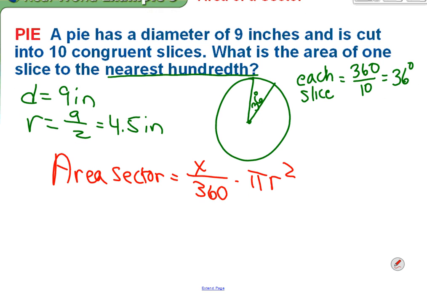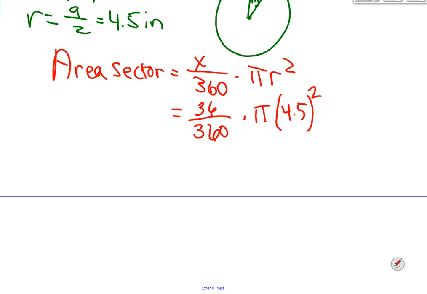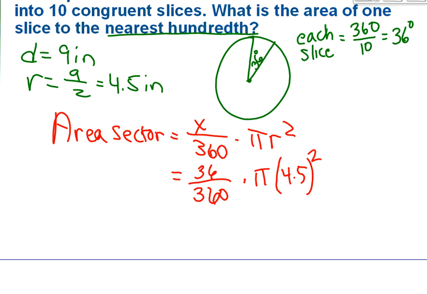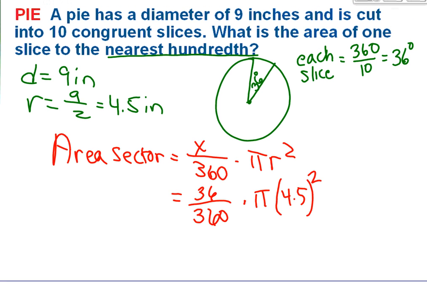Here our angle is 36 degrees, so we'll take 36 over 360 times pi times 4.5 squared. And what I want you to notice here is there were 10 congruent slices. Do you agree, give me a head nod, that this is 1/10, right, if there are 10 congruent slices?